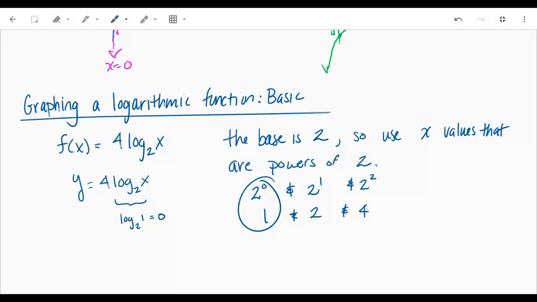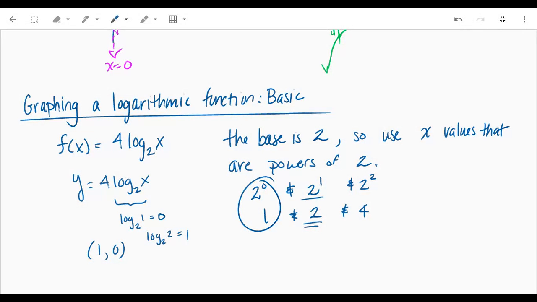Okay, so when x is 1, log base 2 of 1 is 0, and we have the point (1, 0). Log base 2 of our next one that we're going to use, which is 2, is 1. And that's why we chose it.